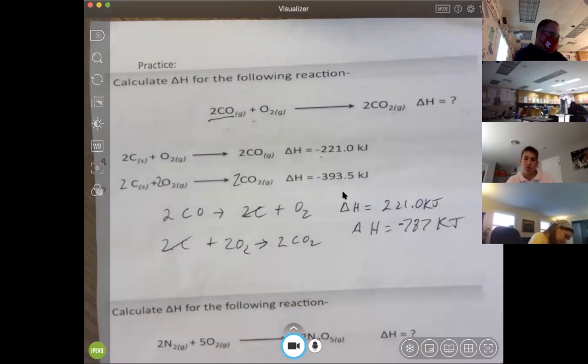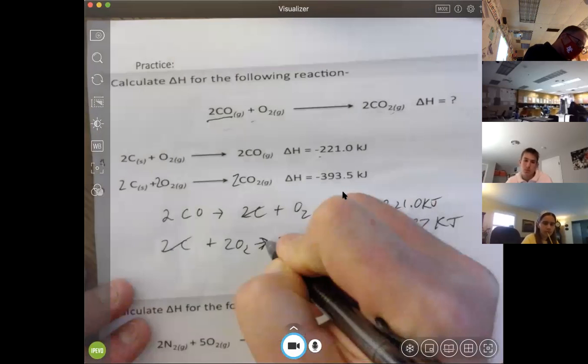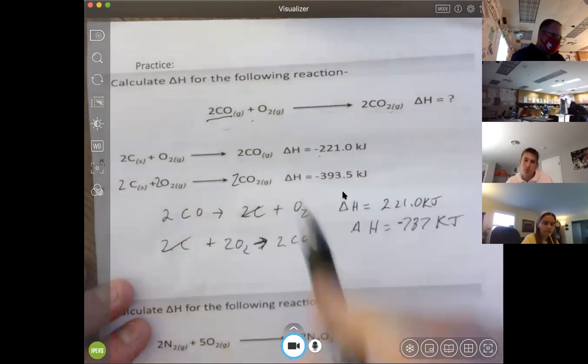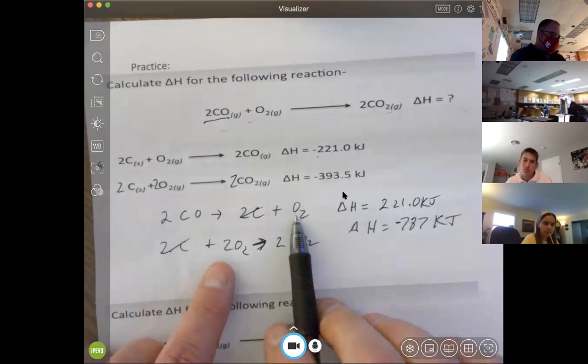Okay. Can you see anything else that is on opposite sides of the reactions? Anybody? The O2s. So how many of these O2s can we cancel out?